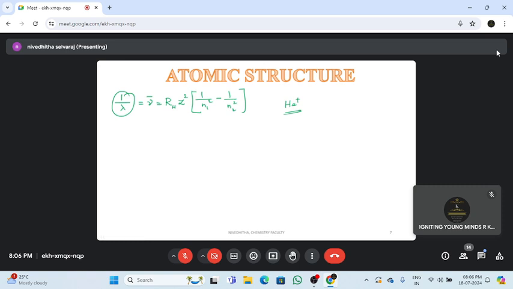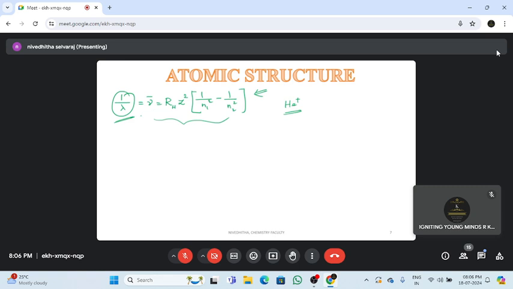So memorize the formula like this. Basically this formula was derived from your Bohr's energy formula only, but you need not substitute all those energy values. You just memorize this and substitute the value of n1 and n2 from which you can calculate the wave number.